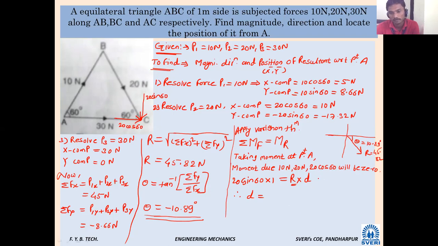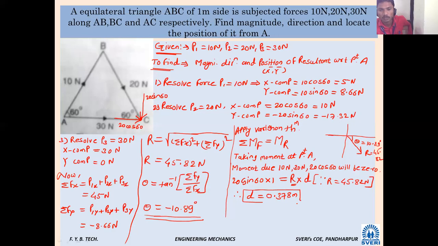R is known to us, so here I will write, since R is equal to 45.82 Newton, calculate D. Tell me the value of D. 0.378 meter, more precise.